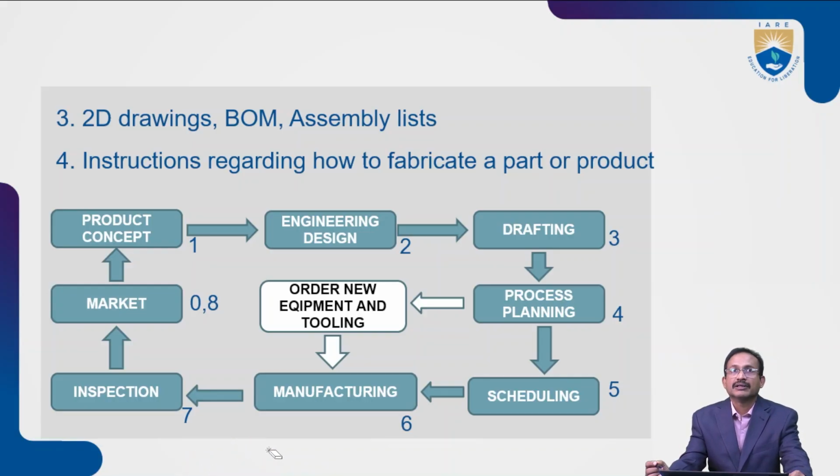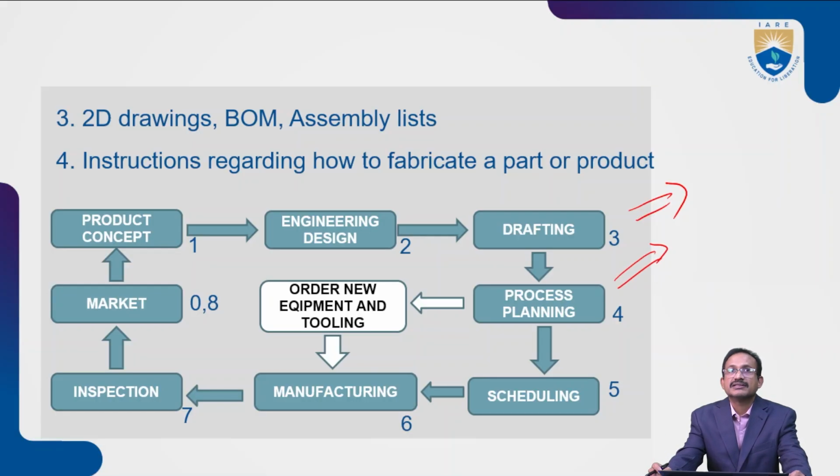Next, the fourth one, after drafting, these drawings will be studied by manufacturing department people, and those drawings will be converted into manufacturing parts, products or components. Before that, one more is there, process planning. What does it mean?